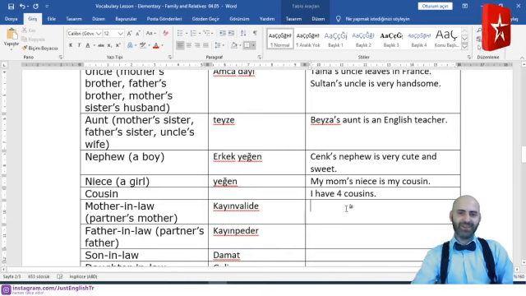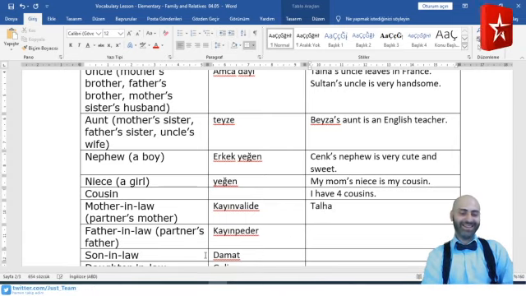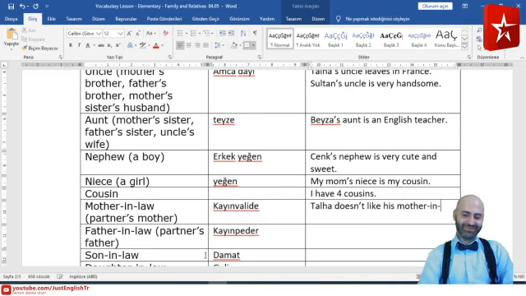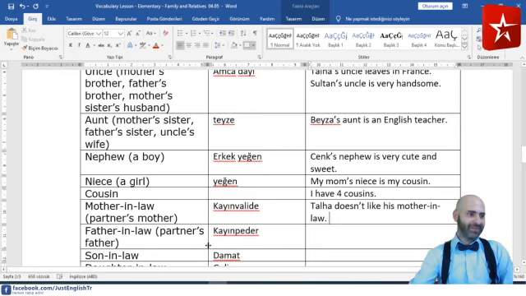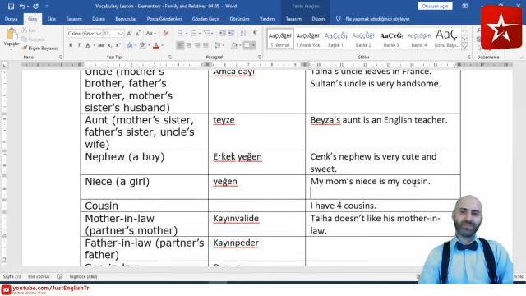Talha doesn't like mother-in-law. Is it okay if I write here? Talha doesn't like his mother-in-law. Sultan's nieces are twins. Okay, we can write this. Sultan's nieces are twins. Good.